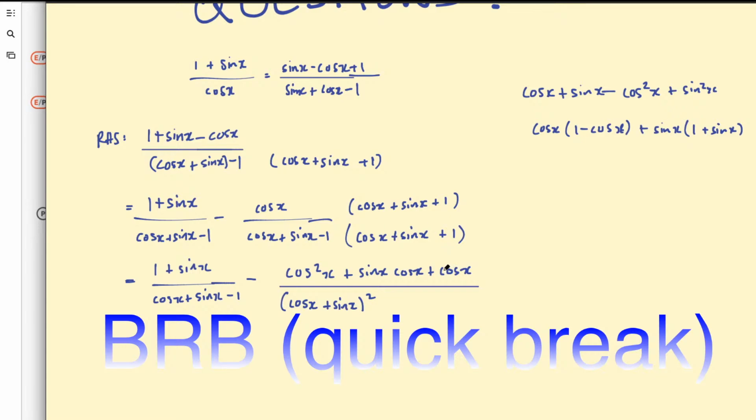First outers, plus 2 lots of cosine x plus sine x. Oops. Take 1. Why? Why?